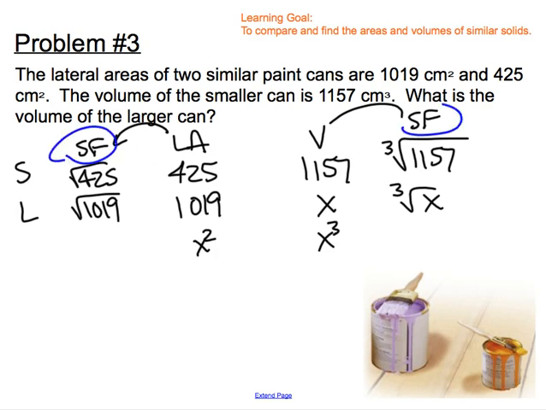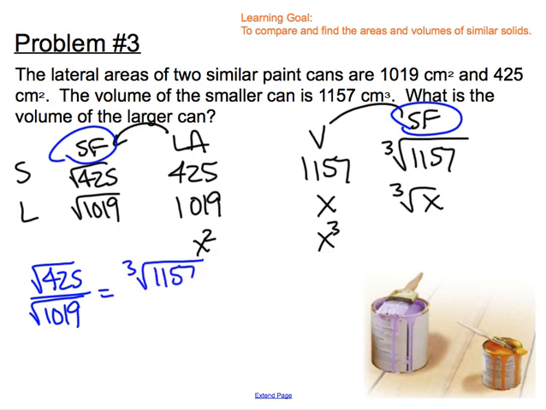Now that I have them all in scale factor, I can compare them as a proportion. So the square root of 425 divided by the square root of 1,019 is going to equal the cube root of 1,157 divided by the cube root of x.